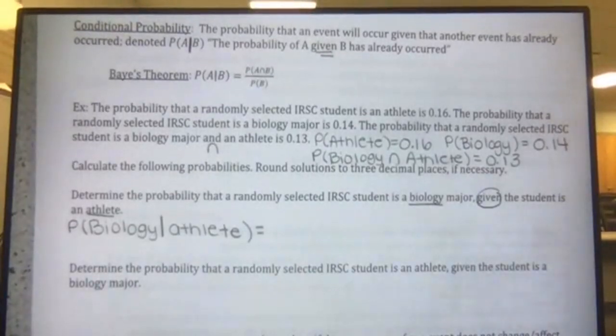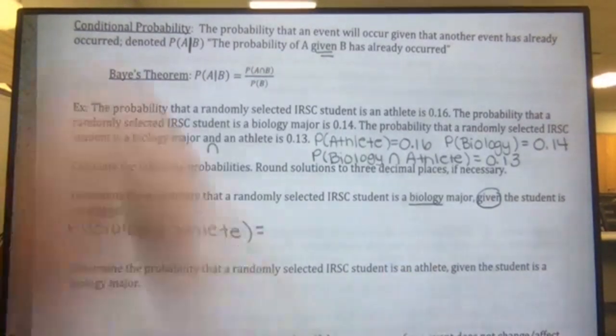What that's saying, in a more real world scenario, instead of just looking at all biology majors, it's saying, okay, let's put all the athletes in one room. So now just looking at those people who are athletes, out of this smaller group, how many are biology majors? So it's not considering anyone else, it's only considering athletes.